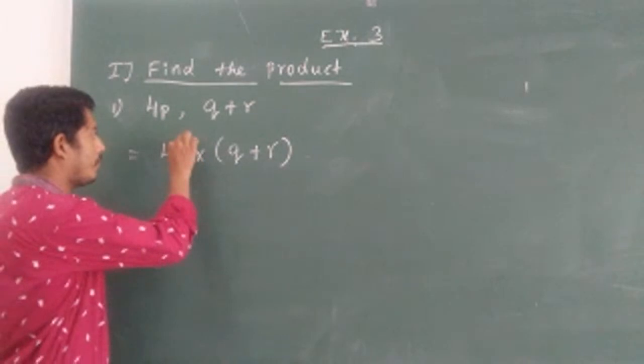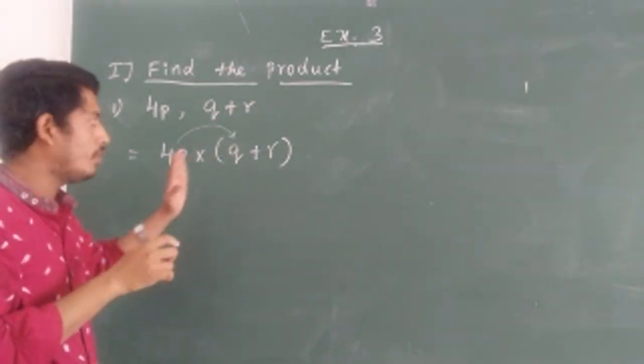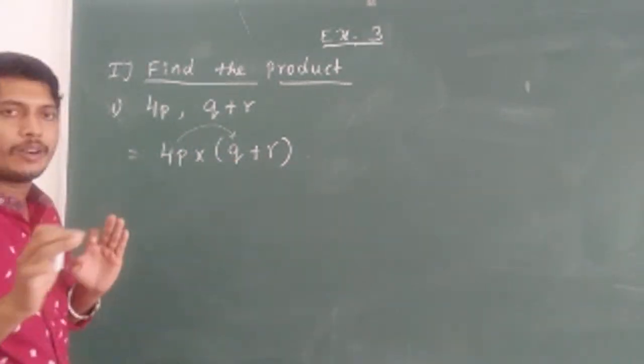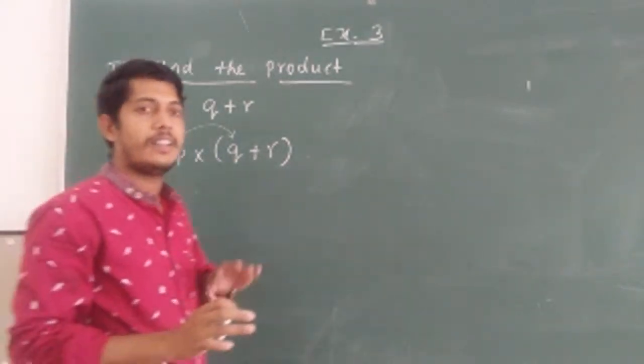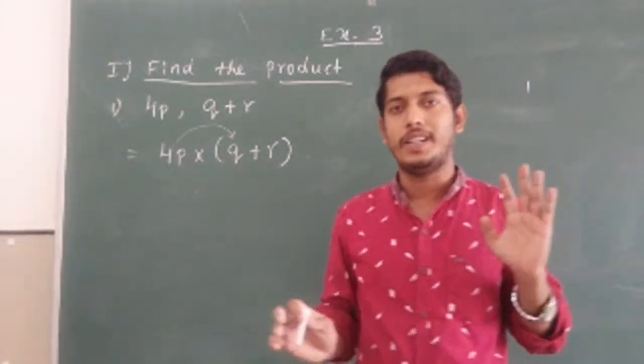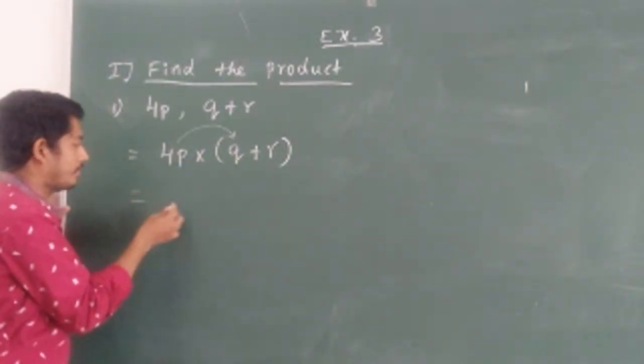Next step, we have to multiply the outside monomial to the first term of the second expression. First we multiply the sign, then the constant term, and then the variable. Plus into plus, plus.